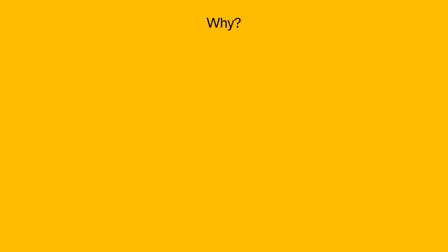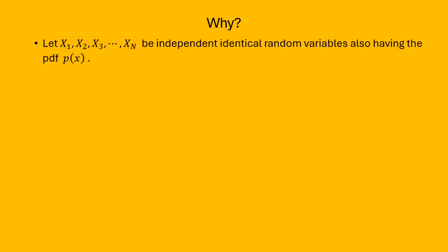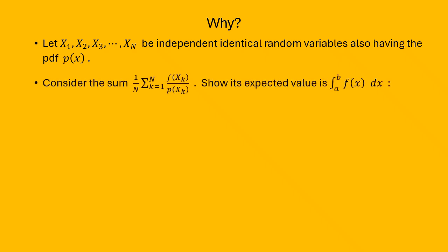So let's see why this method is going to work. Let x sub 1 through x sub n be independent identically distributed random variables, also having the same PDF p of x. Let's consider the sum from k equals 1 to capital N of f of x sub k over p of x sub k.